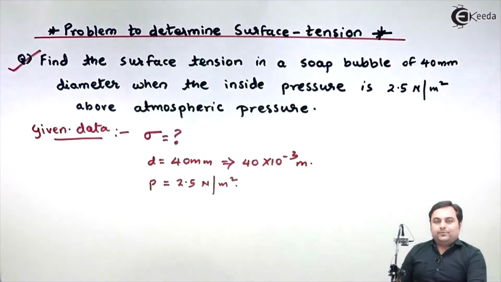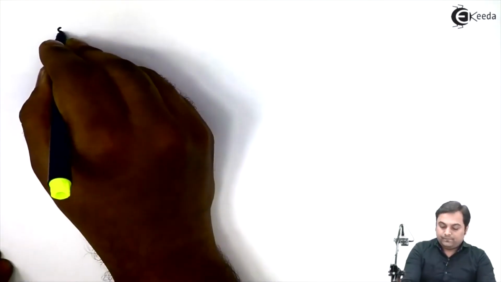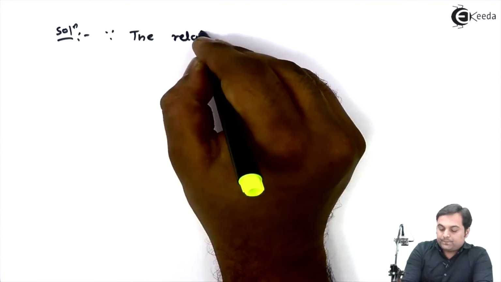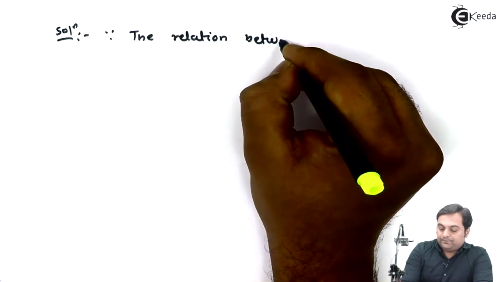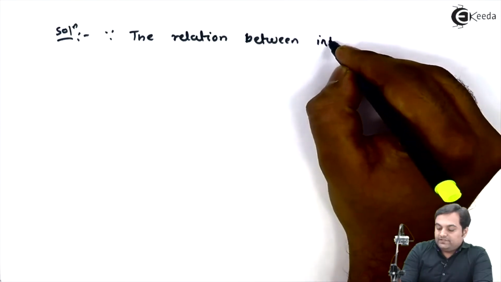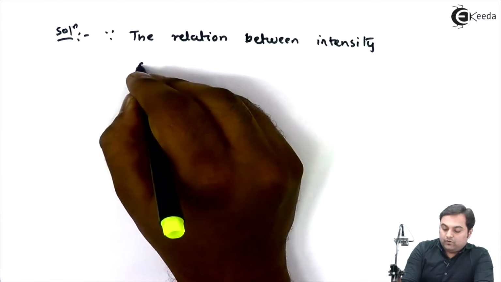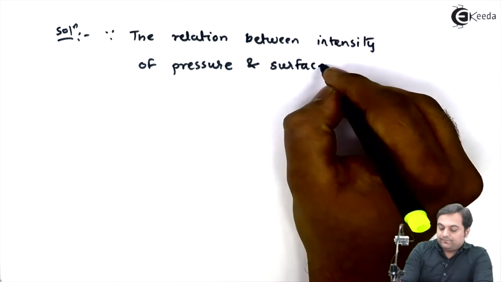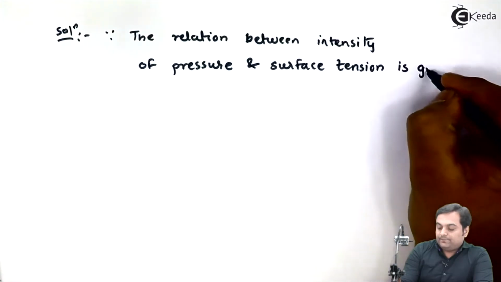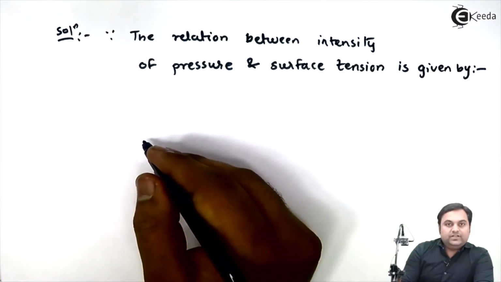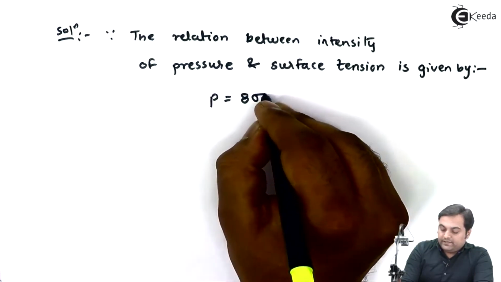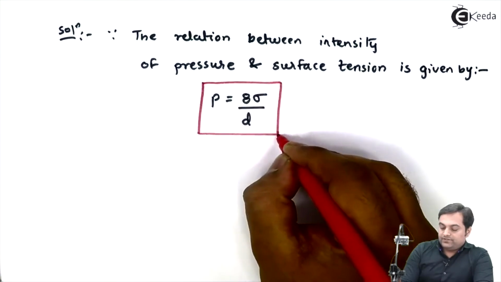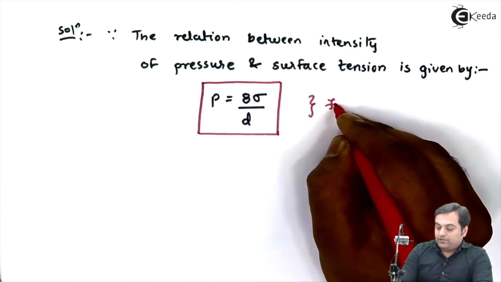Let us try to get the solution for this problem. In the solution, I'll say that the relation between intensity of pressure and surface tension is given by P is equal to 8 into sigma divided by D. This relation which I have written is for a soap bubble.